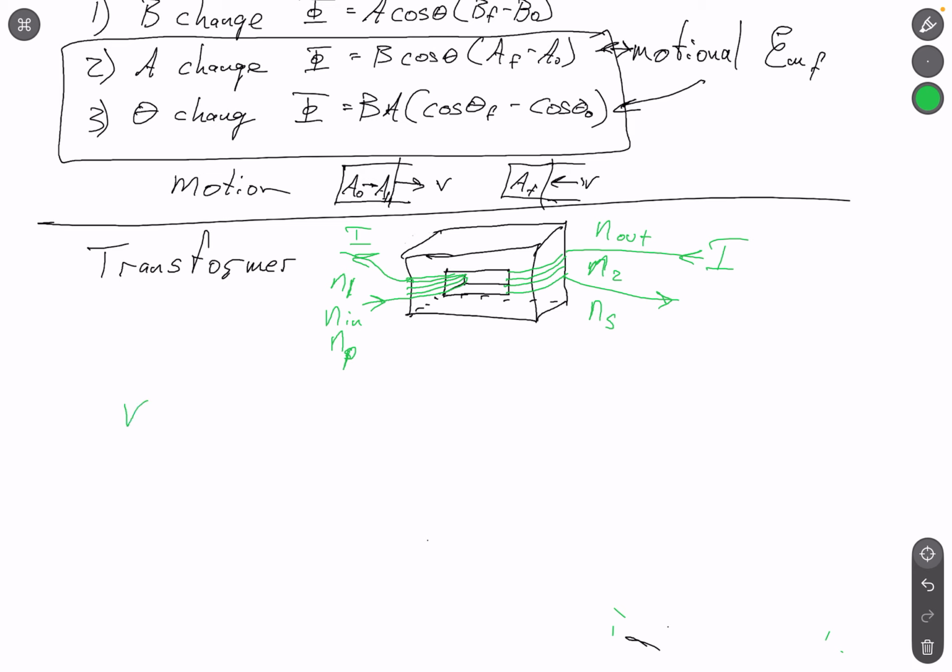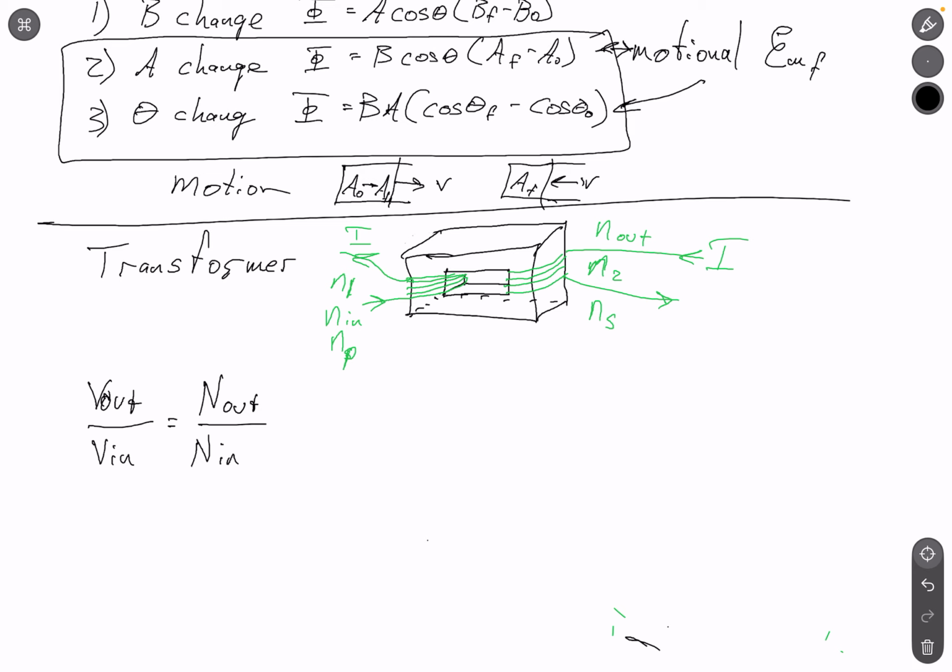Well, your voltage out divided by the voltage in is equal to the number of windings out versus the number of windings going in.